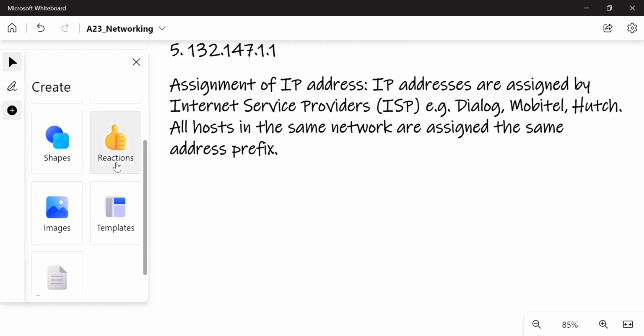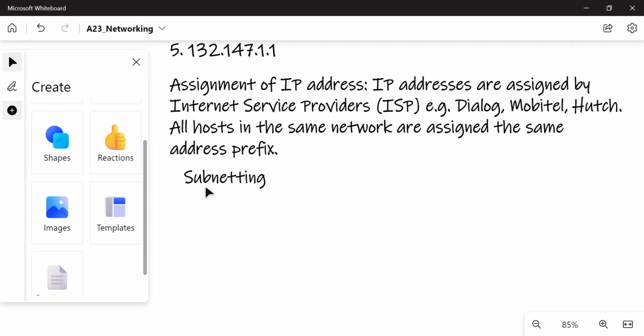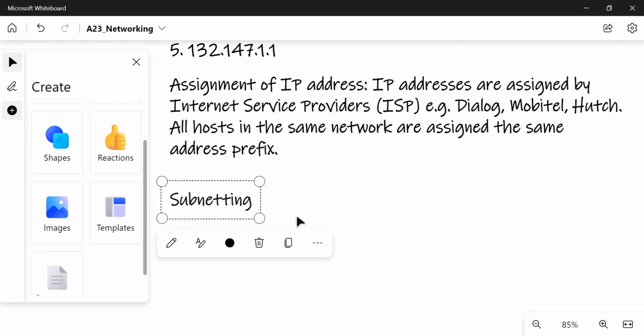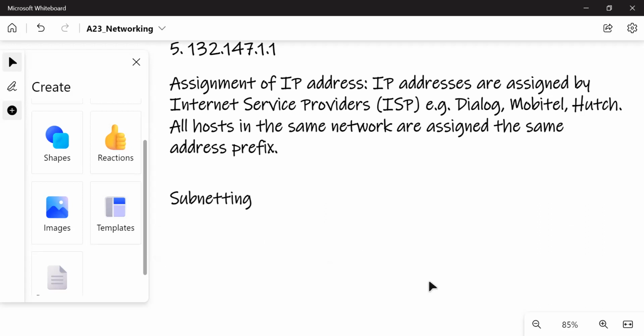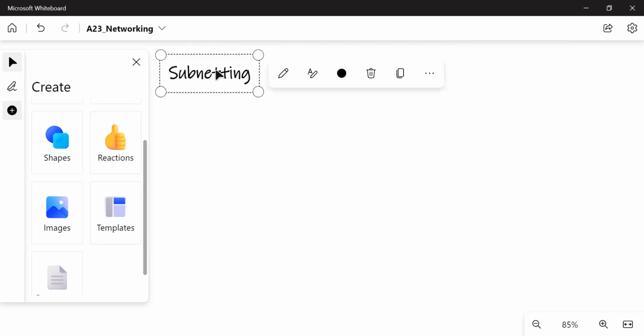Subnetting is a topic that we will use to talk about how you can divide a large network into smaller networks.